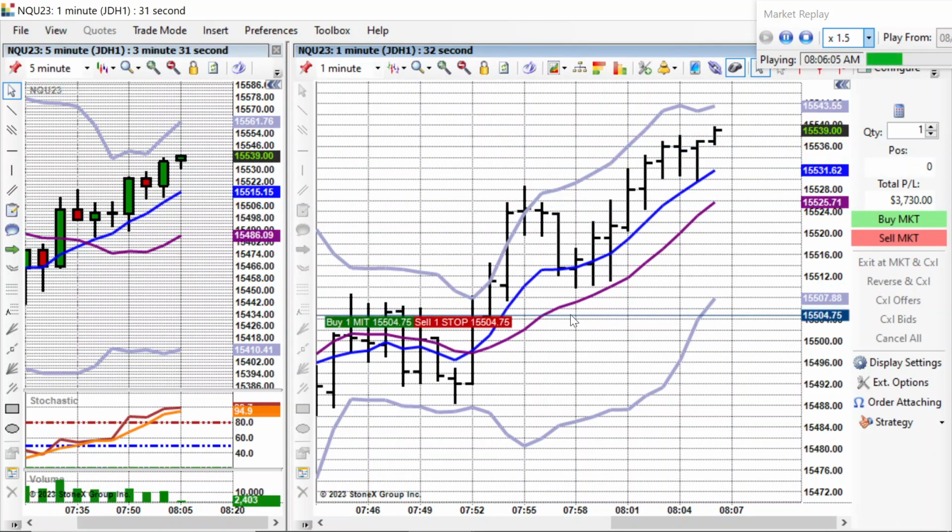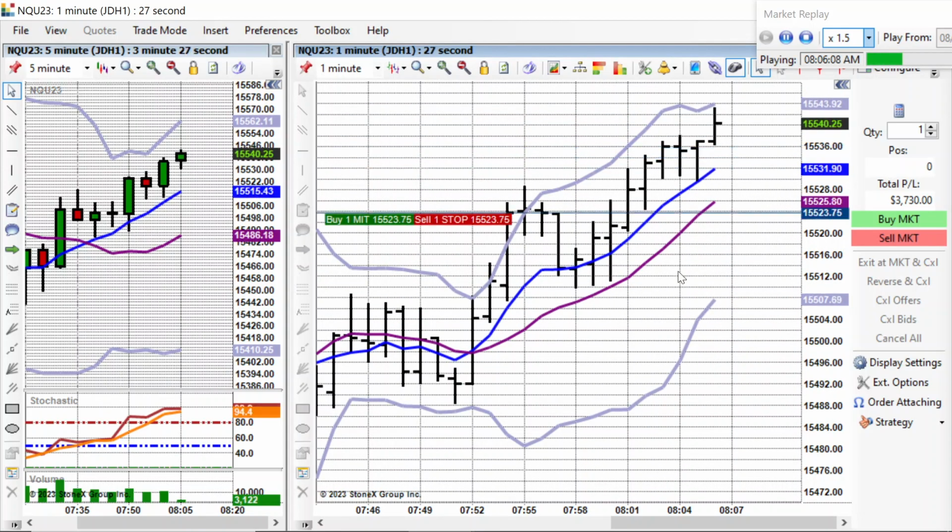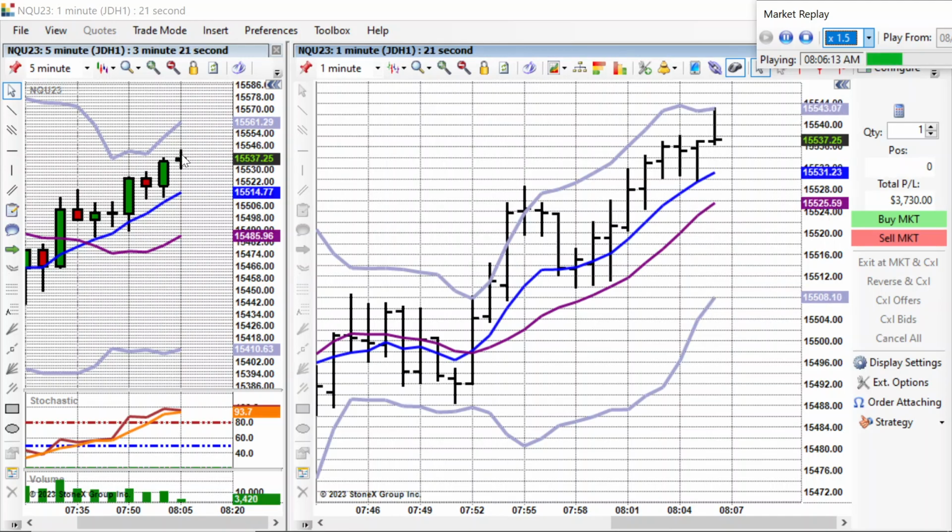So now I'm a happy camper, but it'll probably just go on to shoot up because we're only in the middle of the 5-minute Bollinger Band upper channel here, and it's likely going to go up till it hits that upper Bollinger Band on the 5-minute chart.